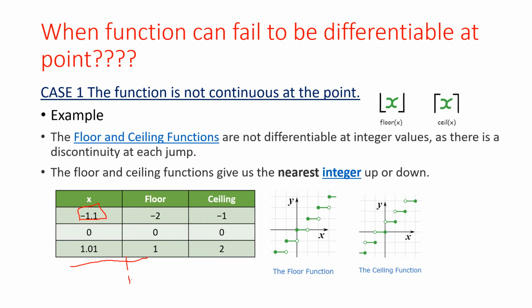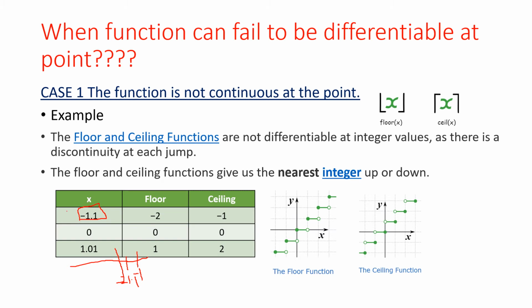Because we want less than or equal to x, it is -1.1 something here, so the integer on the left will be -2. So the floor function is the greatest integer less than or equal to x, and the ceiling function will be the greatest integer greater than or equal to x, which is next to x, that is -1.